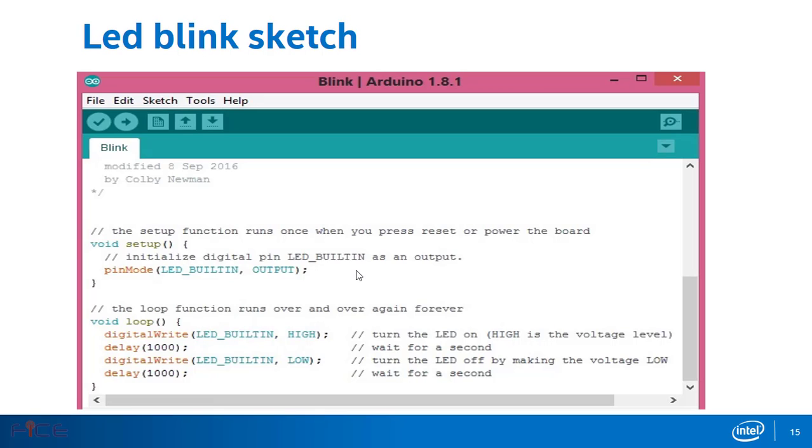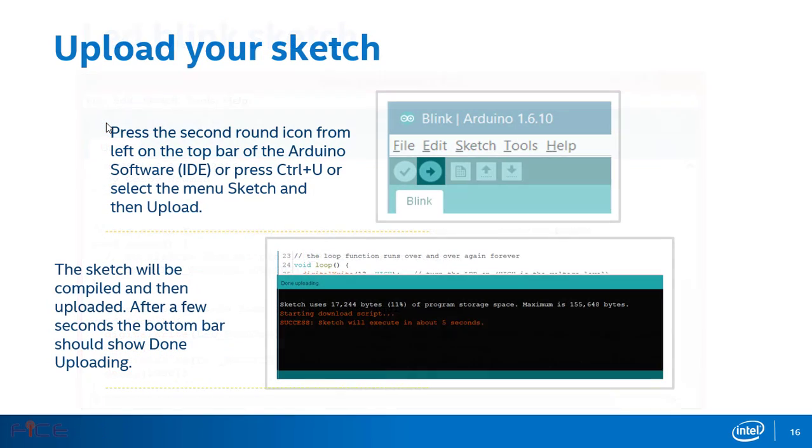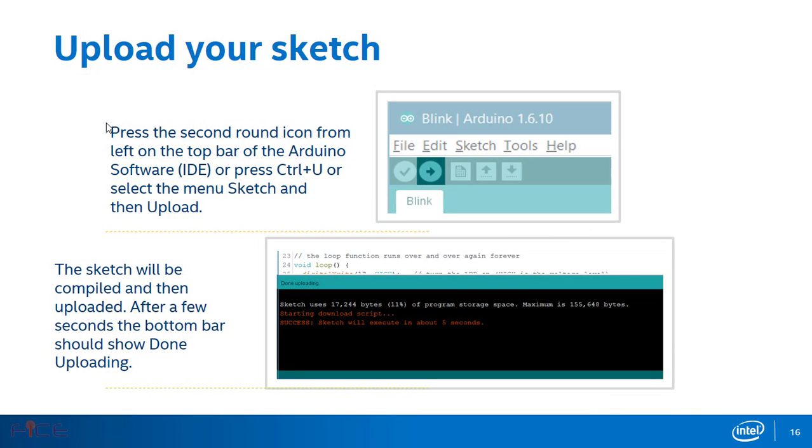Now verify the program to check if there is any error by clicking on the Verify button. Then upload the sketch on your board and observe if the LED is blinking on the board or not. This is how you will check the functioning of your Intel Genuino 101 and will get started with the application development part.